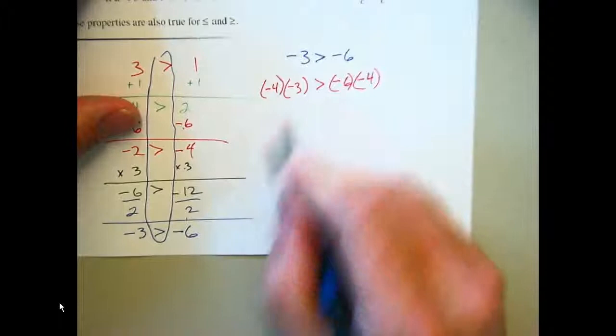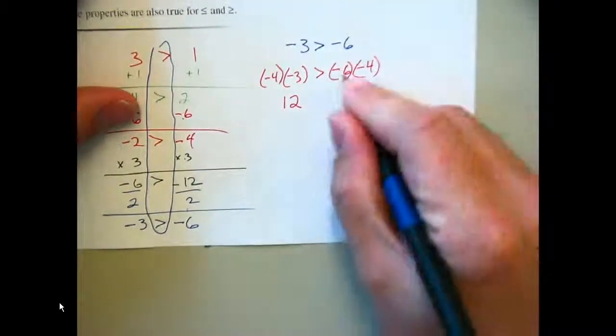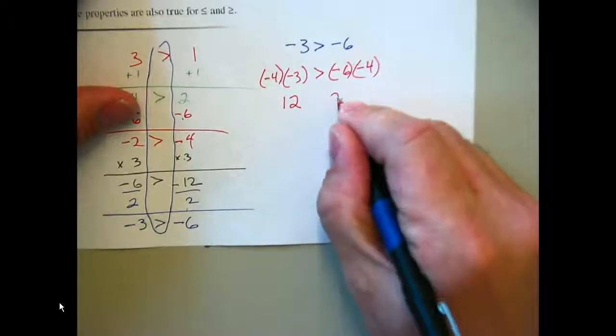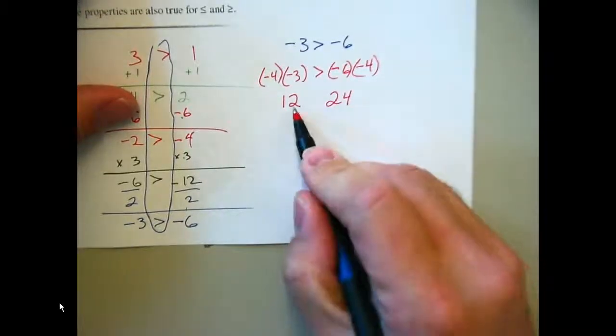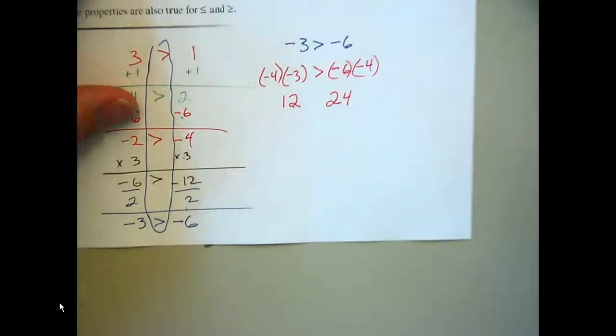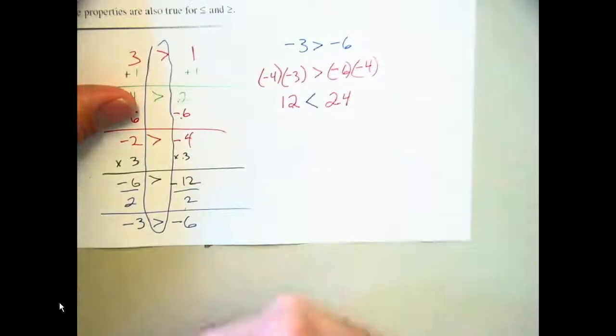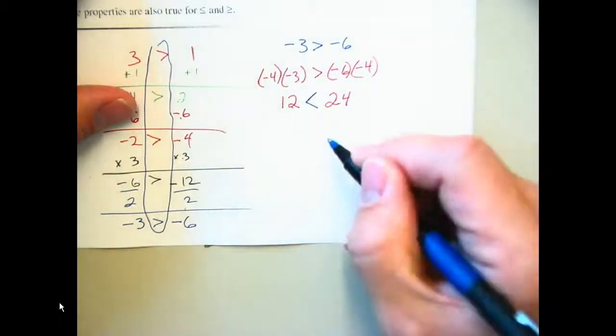What's negative 3 times negative 4? It's positive 12. What's negative 6 times negative 4? 24. Is 12 greater than 24? No. So you have to flip that sign over to make it a true statement.